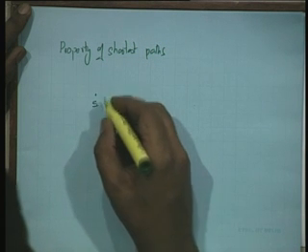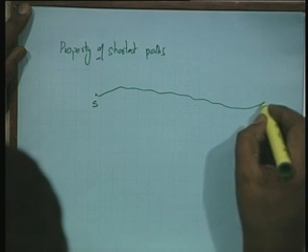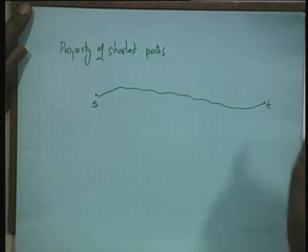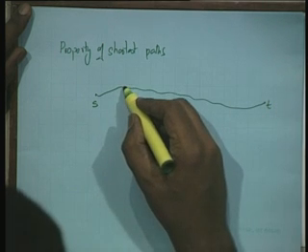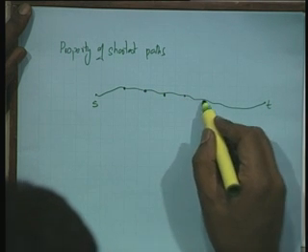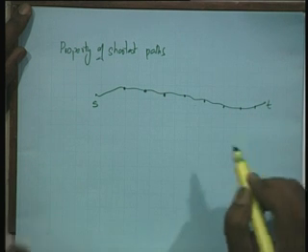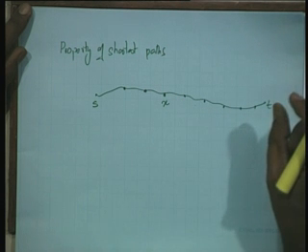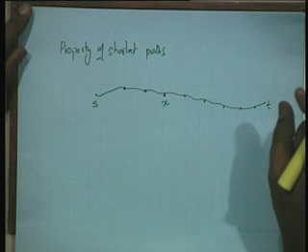Right. So what he is saying is, suppose this is the shortest path from S to T. This is some path in the graph, right. There are some intermediate vertices I have not drawn. Let us say X is one of these vertices, right.